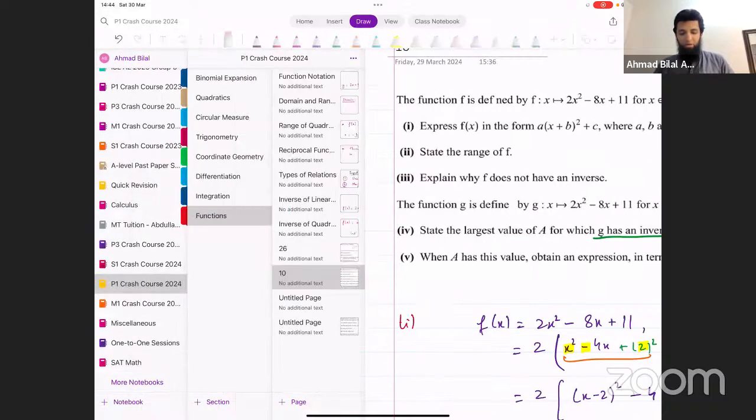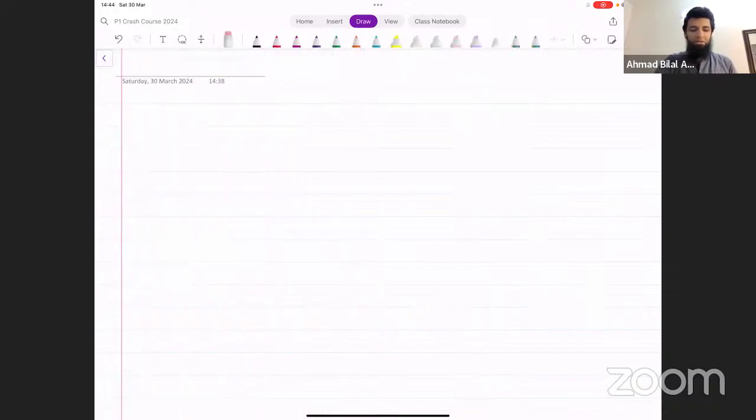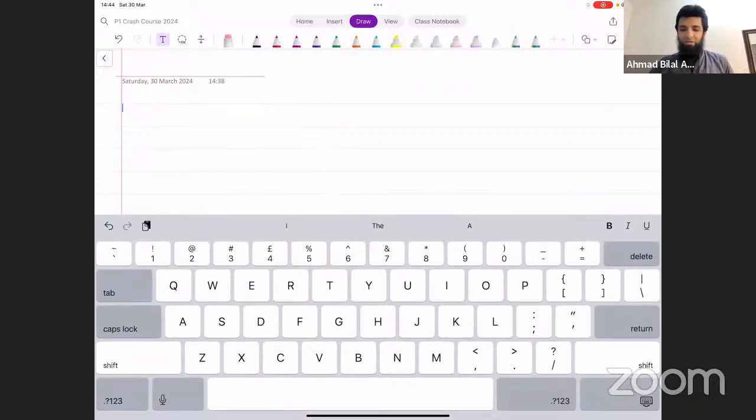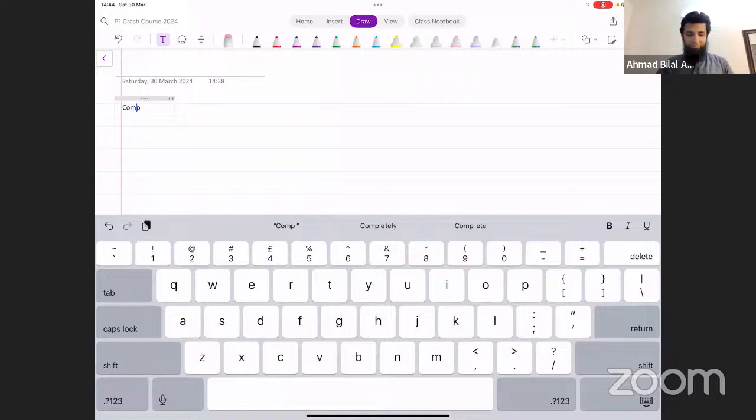But now we are moving on and starting our next concept, which is composite functions. Let's talk about this. I think this is the most tricky part of this topic, the domain and range of composite functions.